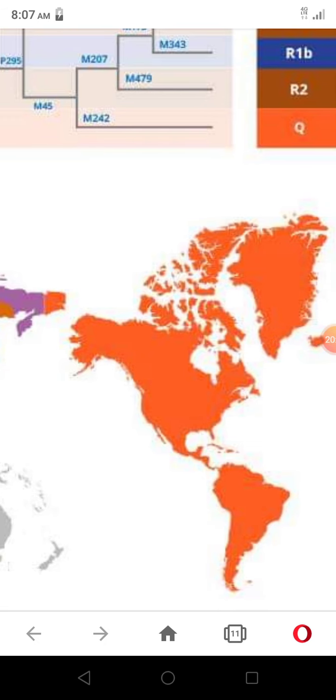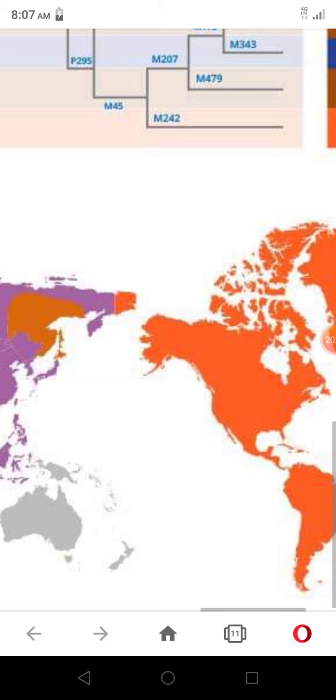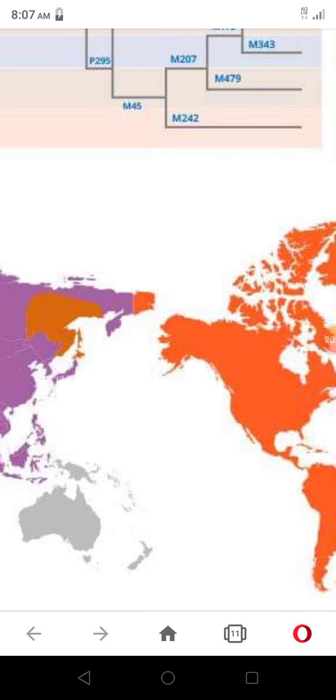But the crazy thing about that is there's another grouping of Aboriginals that have a C5 mutation within Australia.